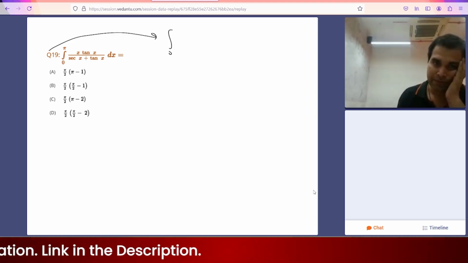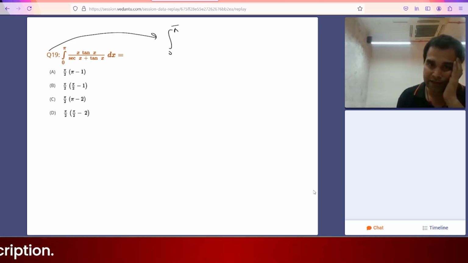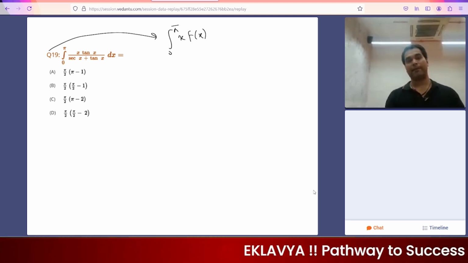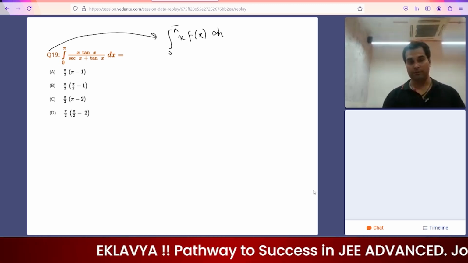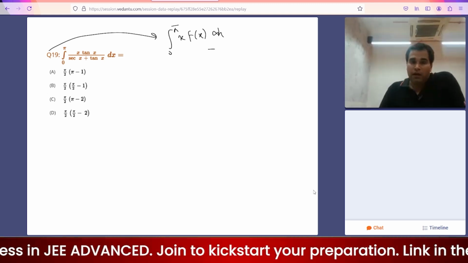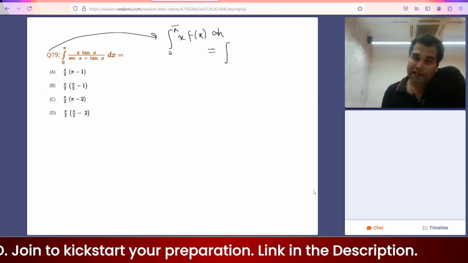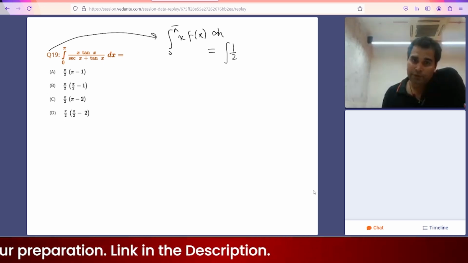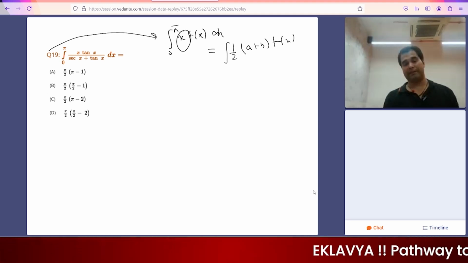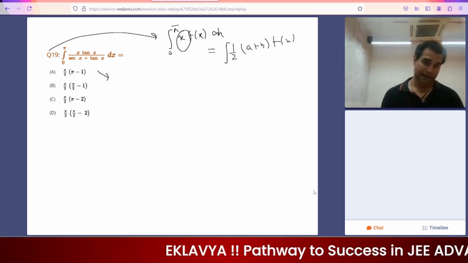This is a very important format for the JEE Mains exam, an x into f of x type problem. It's okay. By using king and add, we will get for this type of problem 1 by 2 times of a plus b f x and remove x by using king and add.